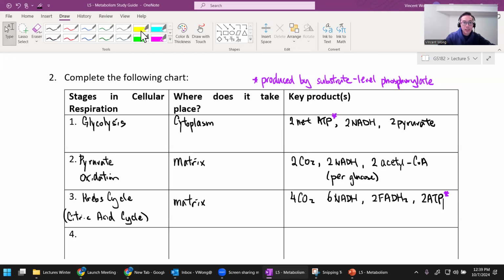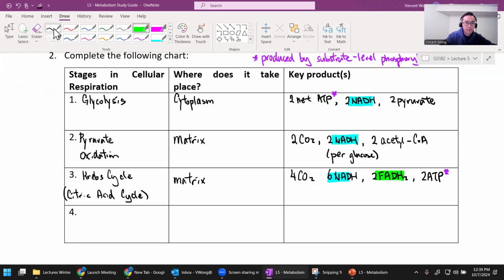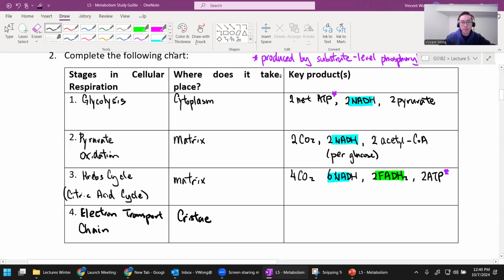Okay? Now, what's important to note is that all these energy carriers are going to transport the electrons to the ETC, to the last step. Okay? Electron transport chain. And it happens in the cristae, which are the foldings formed by the inner mitochondrial membrane.